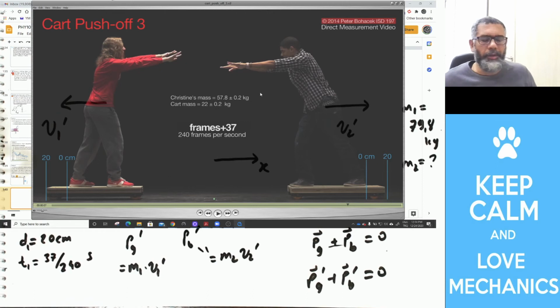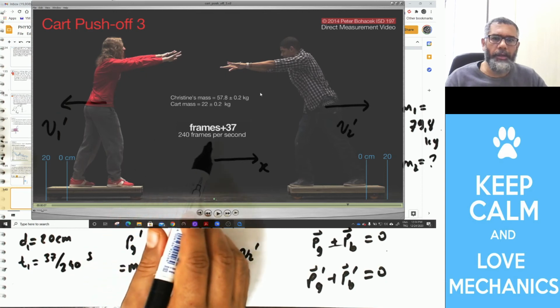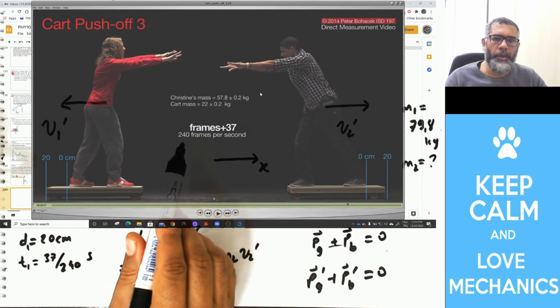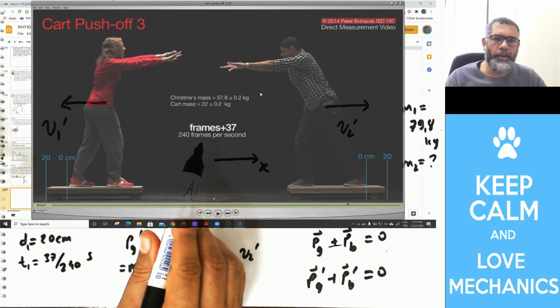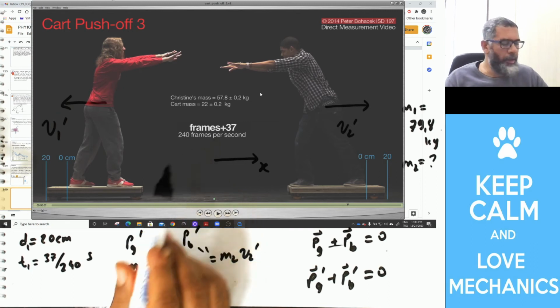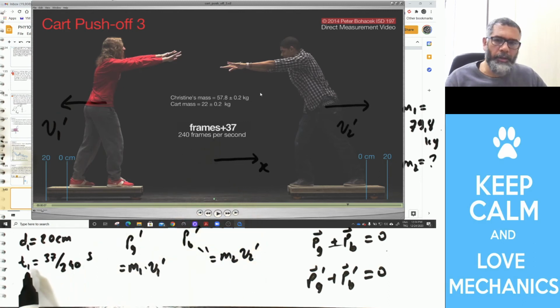That's the duration, because one frame lasts 1 over 240 seconds, since 240 frames last 1 second, and from that you are able to find the duration of 37 frames, which is 37 divided by 240.